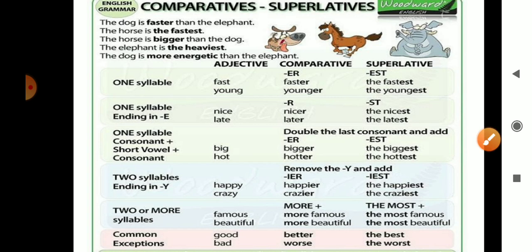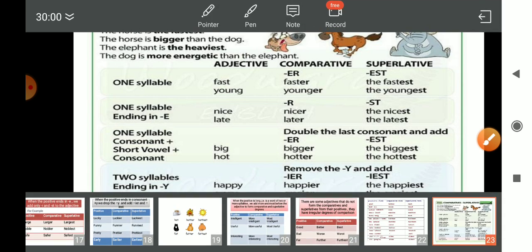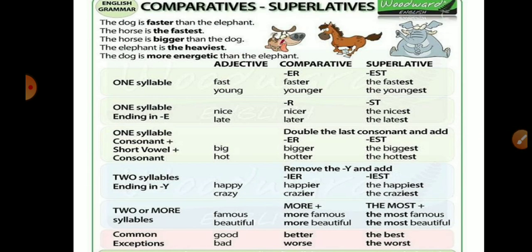Next is, the horse is bigger than the dog. What type of form is there? Yes, very correct, comparative. Bigger and than, these two signs tell us it is a comparative. Next, the elephant is the heaviest. Heaviest is the superlative word where we have used EST.